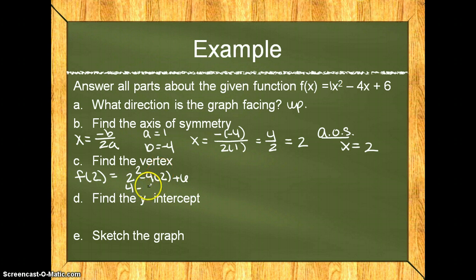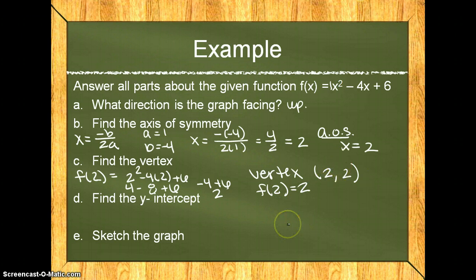So 4 minus 8 plus 6 gives us 4 minus 8 is negative 4, plus 6, which is 2. Therefore, the vertex is the x from the axis of symmetry and the value of f of 2, which we just found, which is 2. So we know that f of 2 is equal to 2, and that is also our vertex.